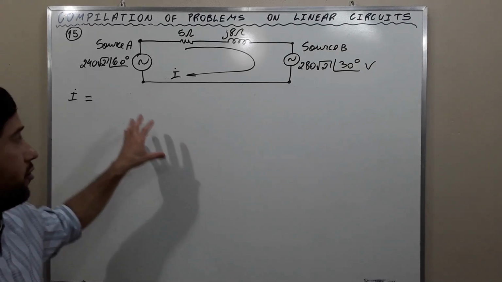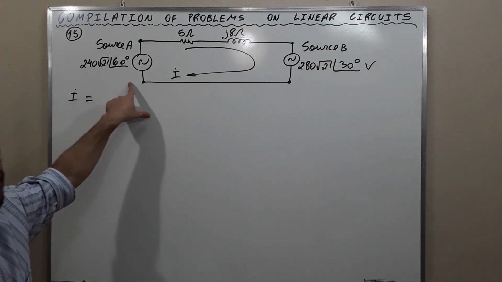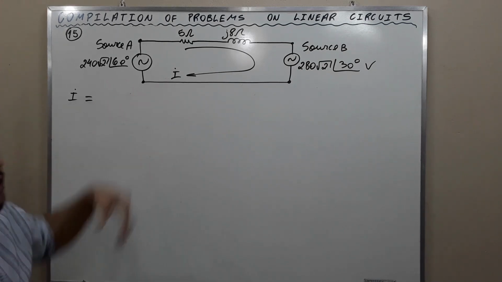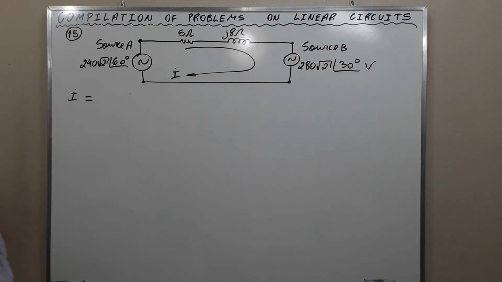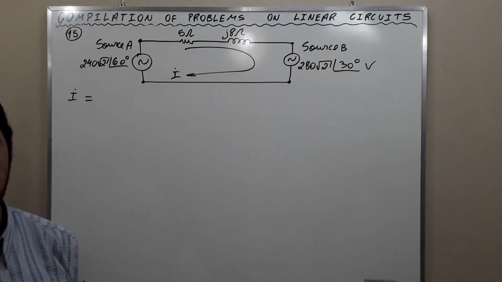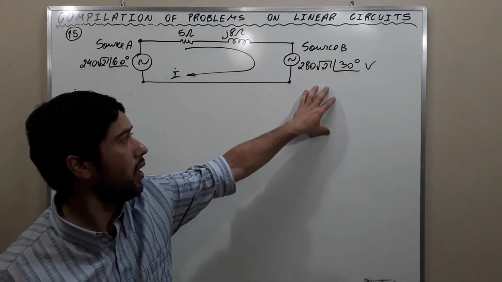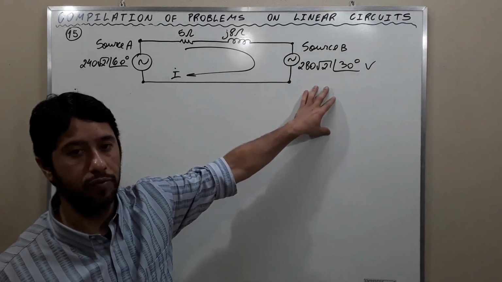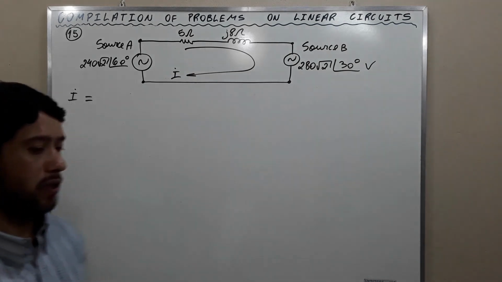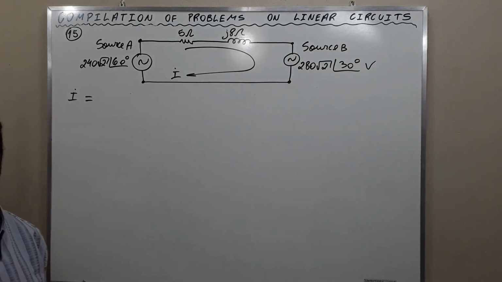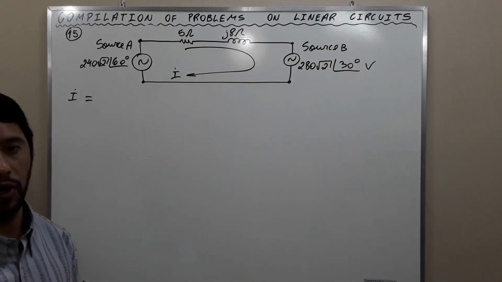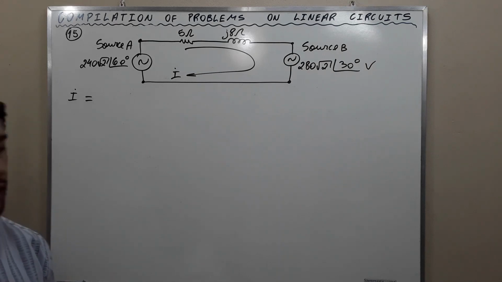The difference is that when taking source A as reference, some quantities will appear with a negative sign and the others with a positive sign. And if we take source B as reference, the quantities that appeared with negative sign will appear with positive sign, and the quantities that appeared with positive sign will appear with negative sign.